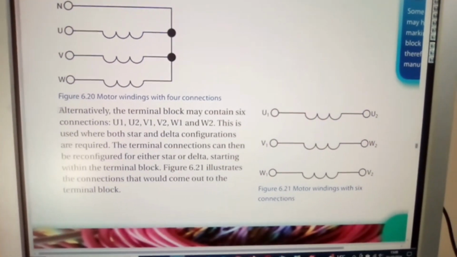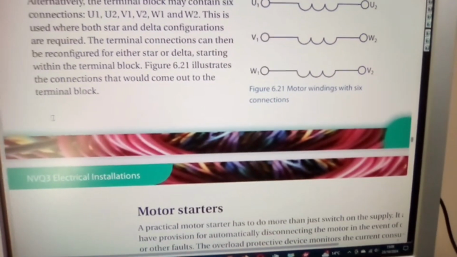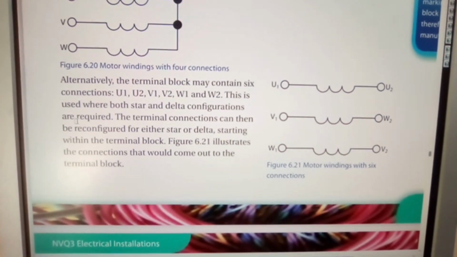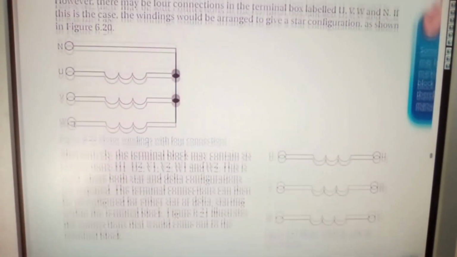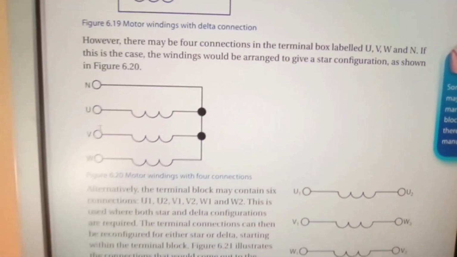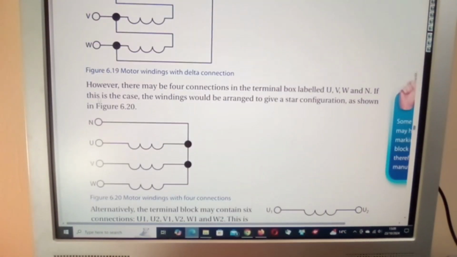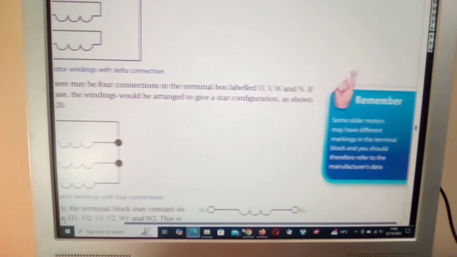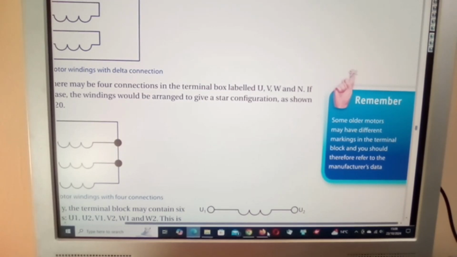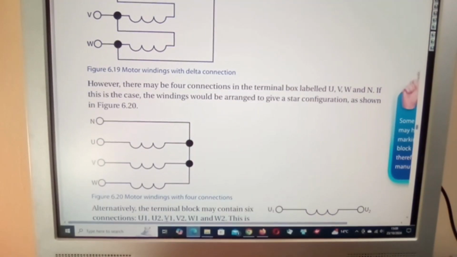And let's just make sure that you can see this for yourself in full view. Just take note what it says about all the motors and bear that in mind.